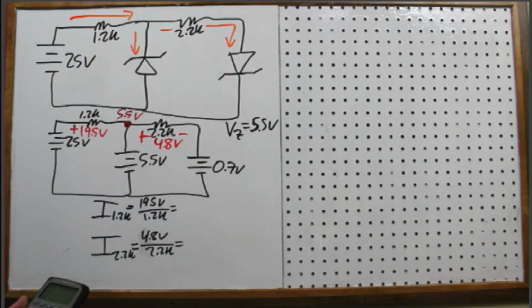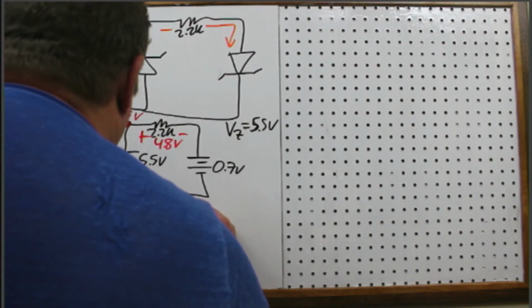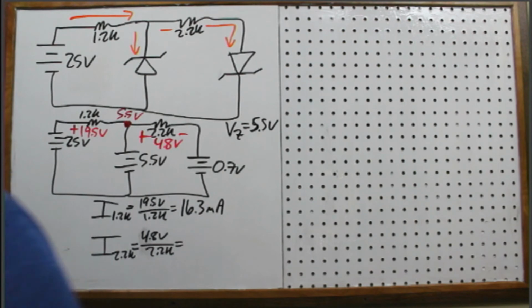So first up, 19.5 divided by 1200, and I get 16.3, so that's rounded up. 16.3, so we might be like 100 microamps off of Multisim. We'll see.